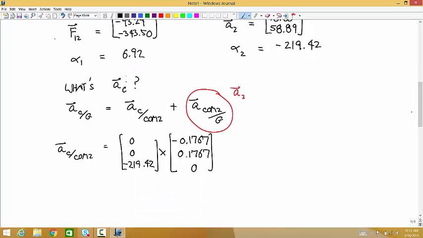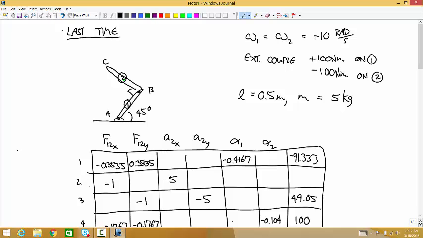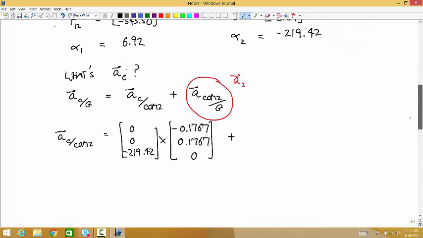And now the omega part. So what's omega for member 2? Yeah, they're both negative 10 in the z direction.